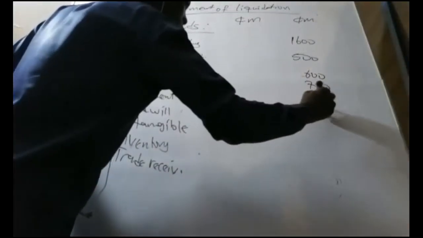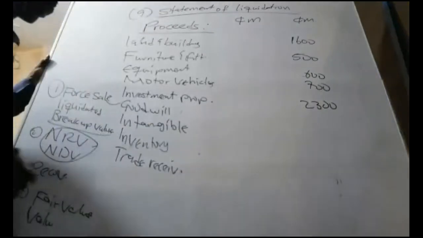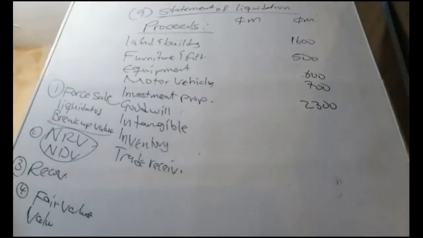So if you do this, you just have to go to the footnote and be picking the figures and flowing like that, and then you'll be fine. But now let's move on.